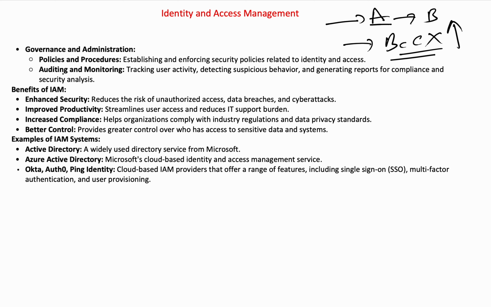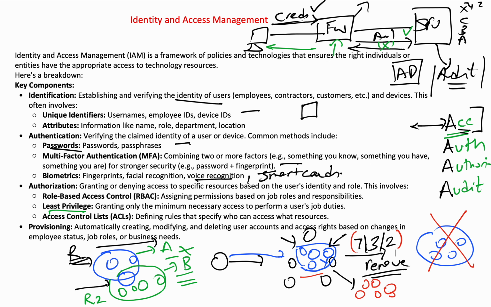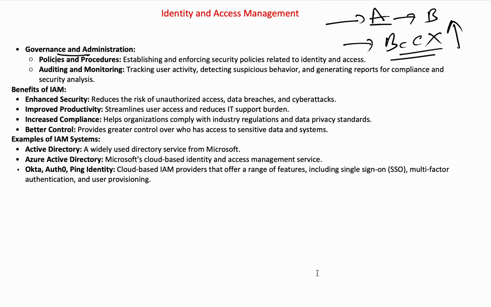Then we have auditing and monitoring, tracking user activity and suspicious behavior. This is basically in governance and administration, but I always add it to audit. Why? Because even banks and companies and IT firms, every 3 or 6 months, will have an internal or external audit.